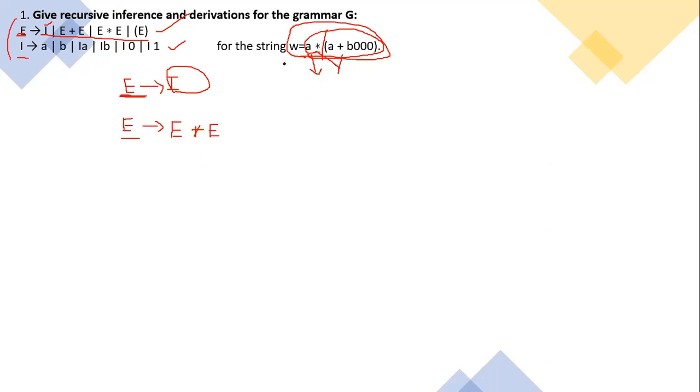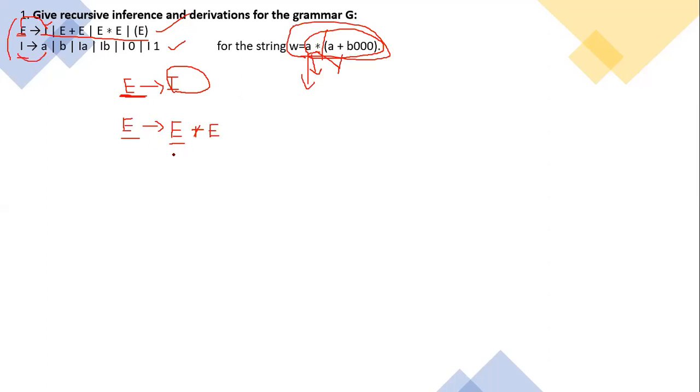Now I'm going to substitute values. I'm going with the leftmost derivation, so I take the leftmost variable and substitute based on the string. I first need the variable a. If I substitute I for this E, then I can give a.